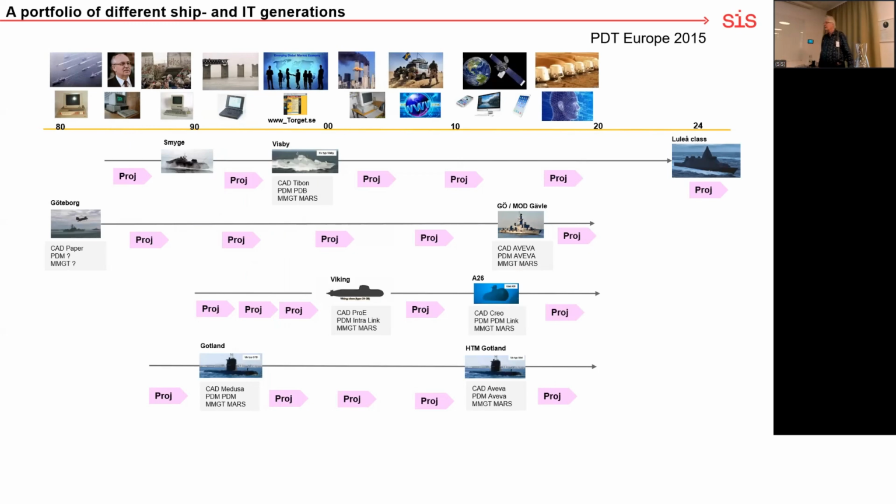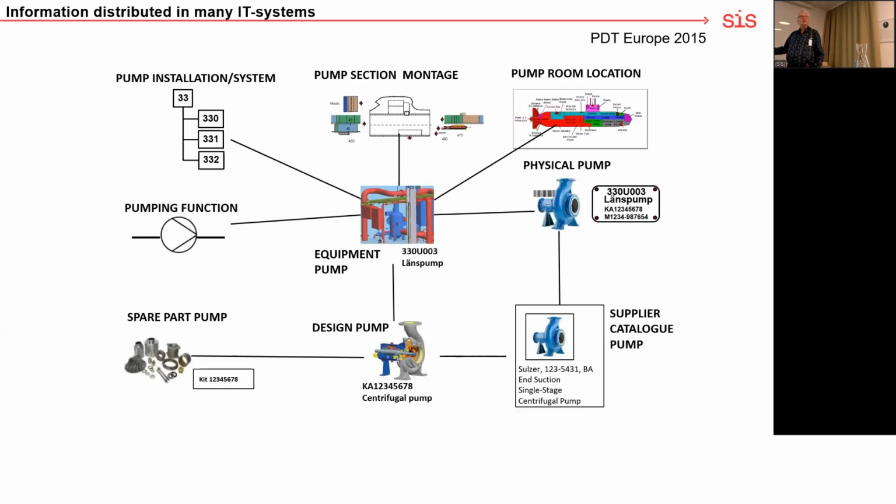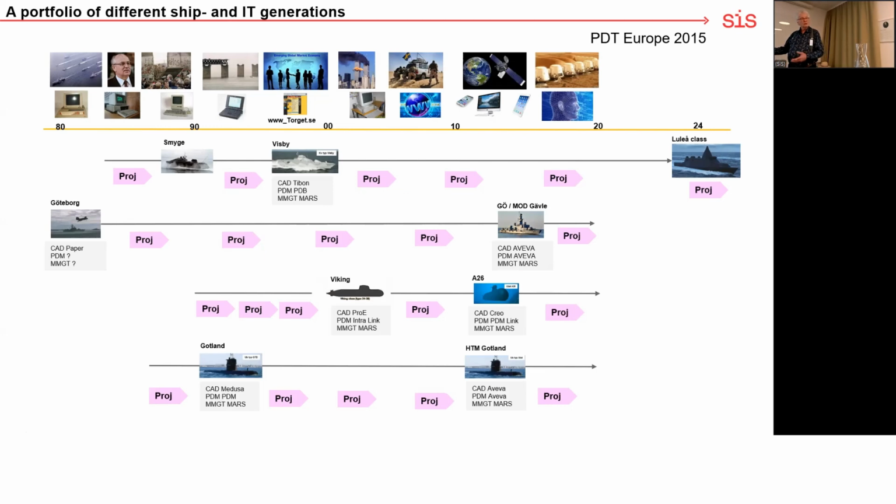The thing for the IT department of a shipbuilding company is that every ship project, when it starts, also starts with the most modern IT environment of that generation of ships. Then, as long as the ship lives, the IT environment for each generation of ship continues to live, because it is very difficult to move the information from the old software to the new software. That's why we have a very mixed-up set of different software with different generations of information from different ships.